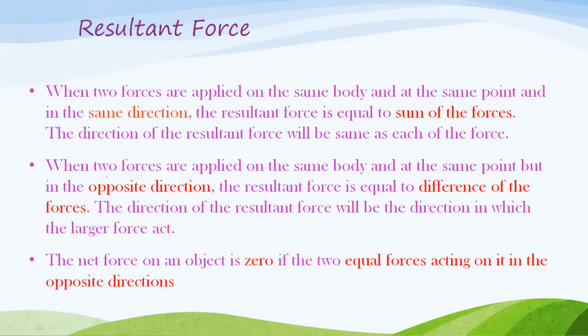And thirdly, the net force on an object will be 0 if two equal and opposite forces are acting on the same object. So this is about representation of force, and how to find the resultant of force when more than one force is acting on an object. Force needs both magnitude and direction for its representation. The resultant depends on the direction of the individual forces.